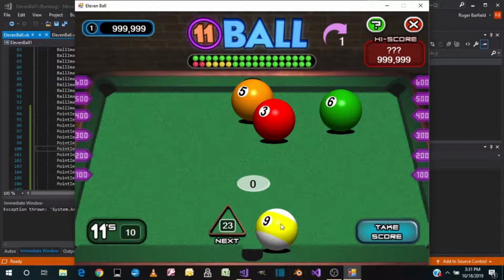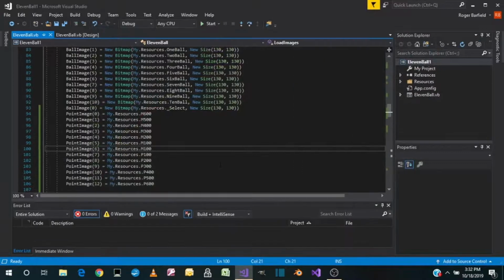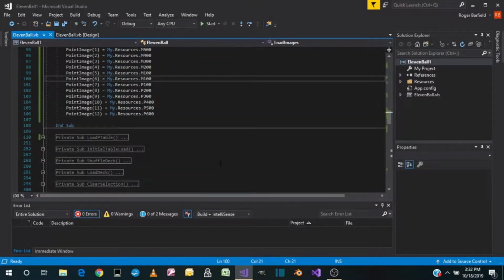Now we have to work on the rack ball point. If you remember when we watched the game, this is always equal to the lowest value of the balls picked. And the way we're going to work on that is we're going to have to change something.